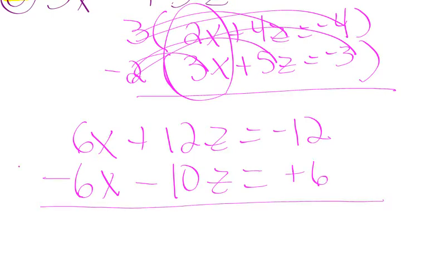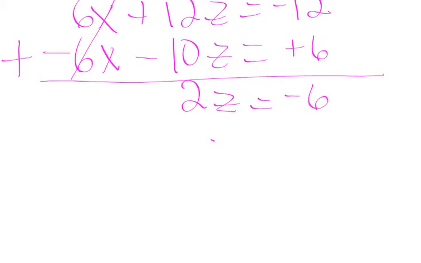Now we can add these two equations to eliminate x, and we get 2z equals -6. So now we can solve for z. We get that z is equal to negative 3.